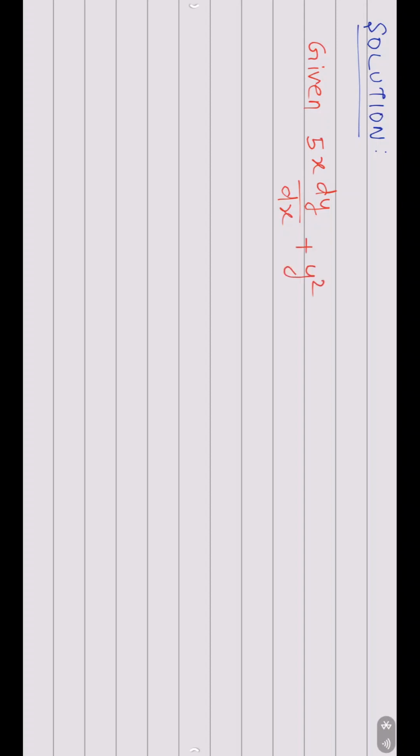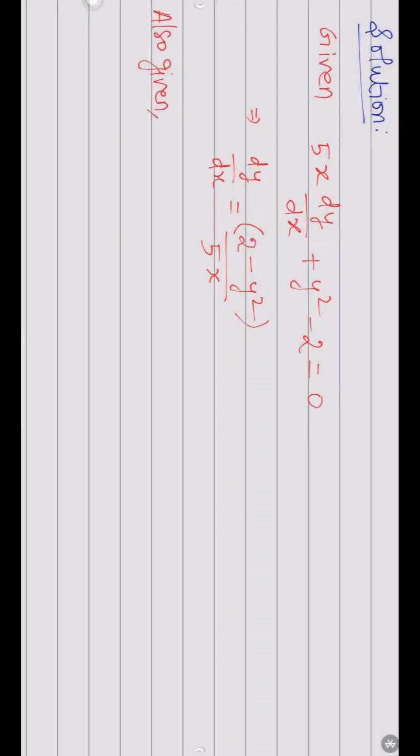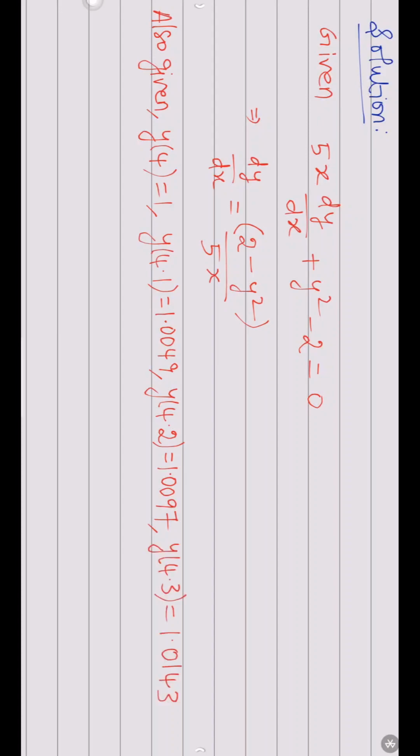It is given 5x dy by dx plus y square minus 2 equal to 0. From this, the differential equation dy by dx will be equal to 2 minus y square, the whole divided by 5x. Also, it is given y of 4 equal to 1, y of 4.1 equal to 1.0049, y of 4.2 equal to 1.0097, y of 4.3 equal to 1.0143.